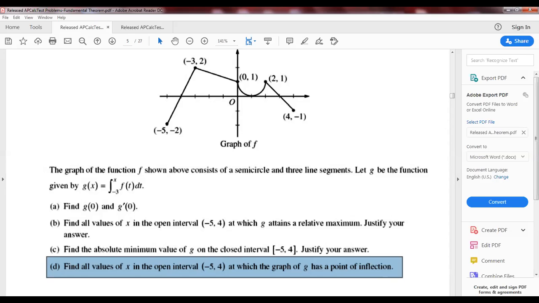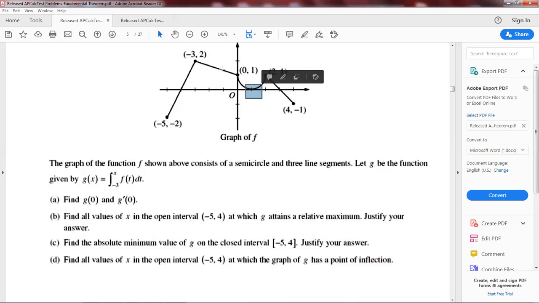Then analyzing the graph, f has a horizontal slope because f is g prime, so the slopes of f, f prime, is the second derivative of g of x. So it is 0 right here, undefined right here, and right here. So you have 4 inflection points.